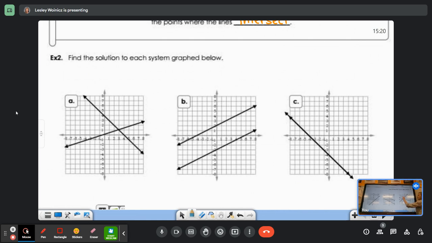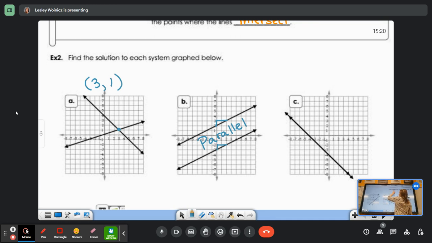So what is this point on both lines? 3, 1. That should be a comma. Sorry. Okay, so that one had one solution, 3, 1. What about B? Do you see that these lines have the same slope? Okay, so if they have the same slope, they're parallel and they never touch.